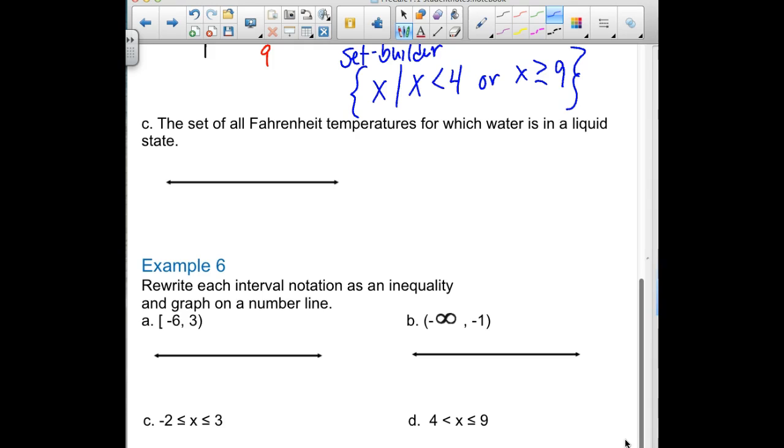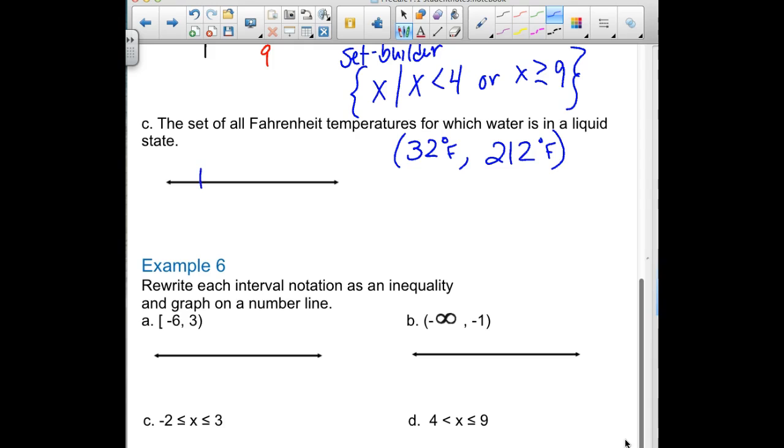All right, let's check our work. The set of all Fahrenheit temperatures for which water is in a liquid state. All right, water freezes at 32 degrees, so we need to be bigger than 32 degrees. And it turns into a gas at 212 degrees, so we have to be smaller than that. Okay, that's our interval.